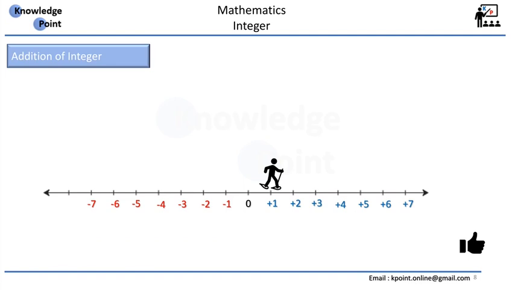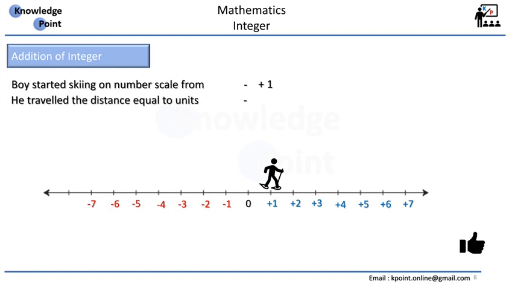There is a man, you can see here, he is very much interested in skiing. So the boy started skiing, and you can see here he is standing on number 1. It's a positive number 1. Now he traveled a distance, we need to see how much he traveled. So 1 unit he has traveled, 2 units, 3 units, and 4 units.